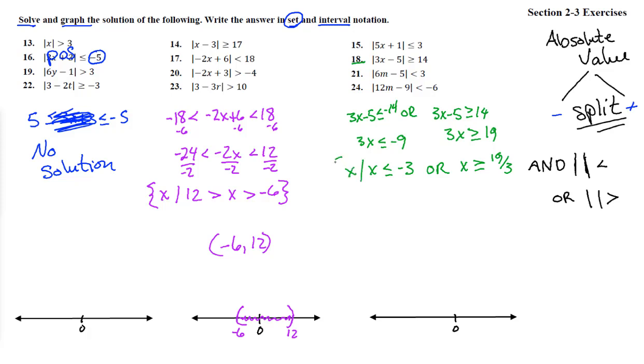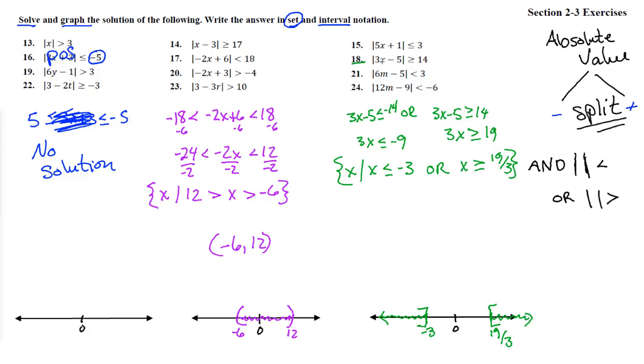All right, there is our set notation. Let's do the graph. Here we have negative 3, and it's equal to and less than. And here we have 19 thirds, just over 6, and it's greater than or equal to that. Good. Okay, and notice what's happening is this distance is greater than 14, this absolute value.